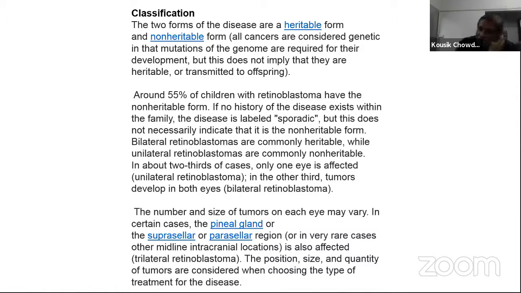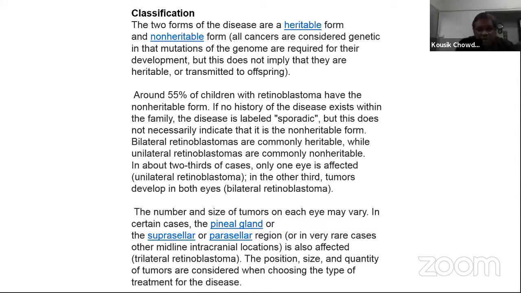Now come to classification of retinoblastoma. The 2 forms of disease are a heritable form and non-heritable form. All cancers are considered genetic in that mutations of the genome are required for their development.